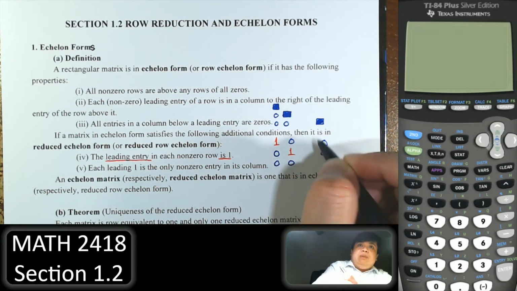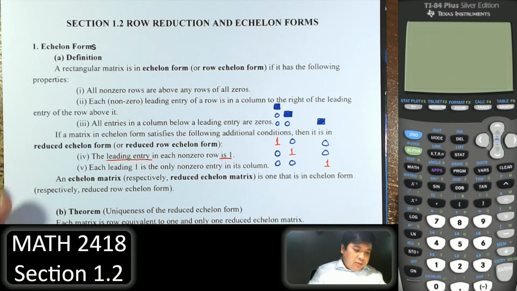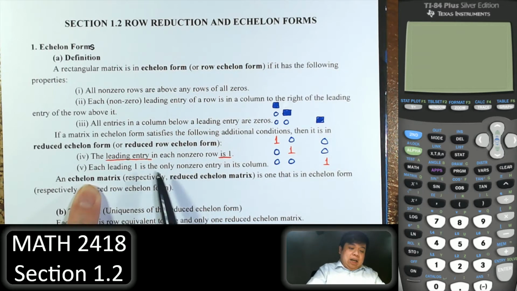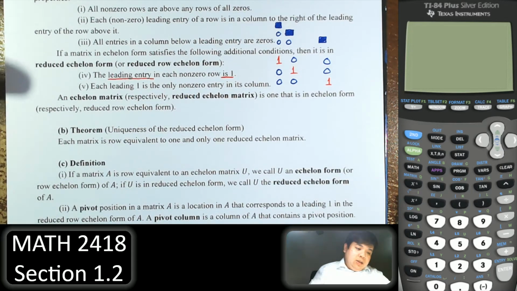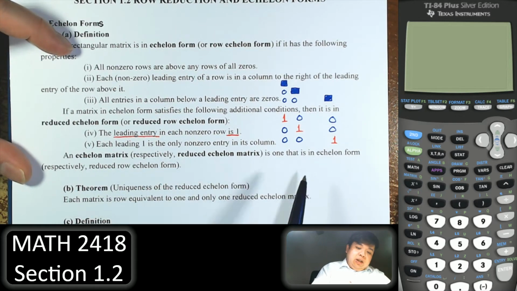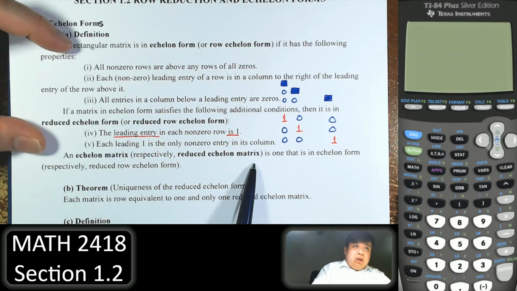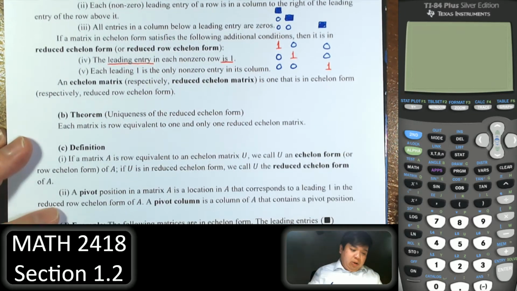It doesn't matter what is in between, but this is a sample of reduced row echelon form. So you see the difference between the two. An echelon matrix is one in echelon form, and a reduced echelon matrix is one in reduced row echelon form.